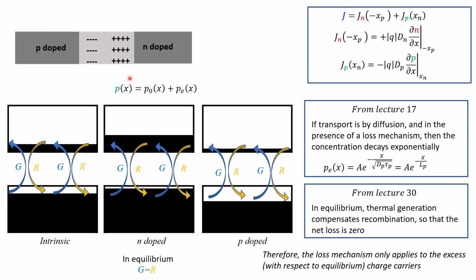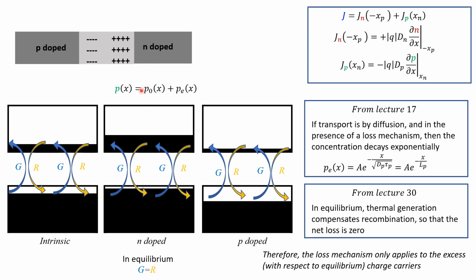So it is convenient to express the concentration of holes explicitly in terms of the concentration in equilibrium plus the concentration of excess holes. This is the total concentration, the concentration of holes in the n-doped semiconductor whether it is in equilibrium or out of equilibrium.